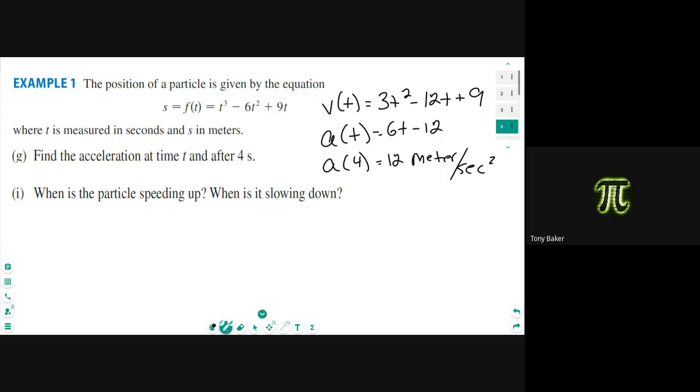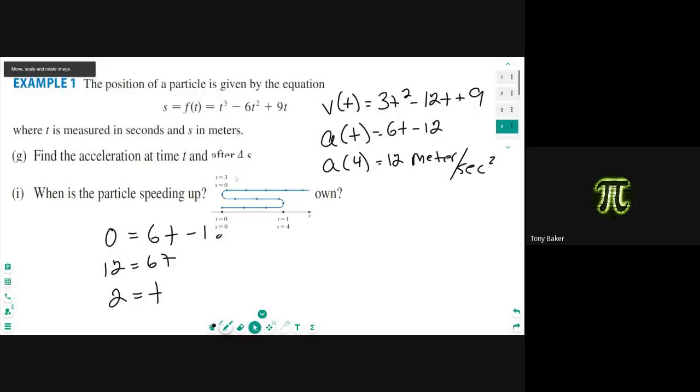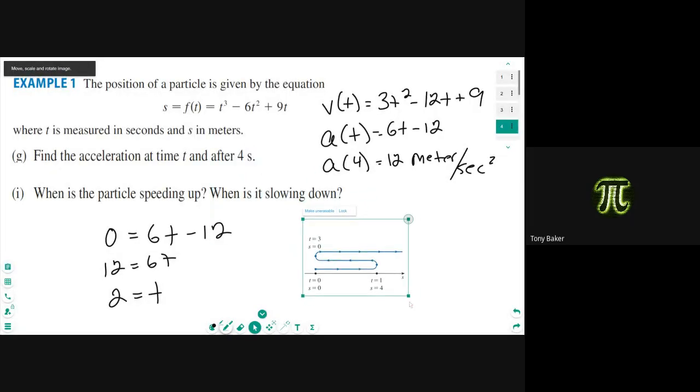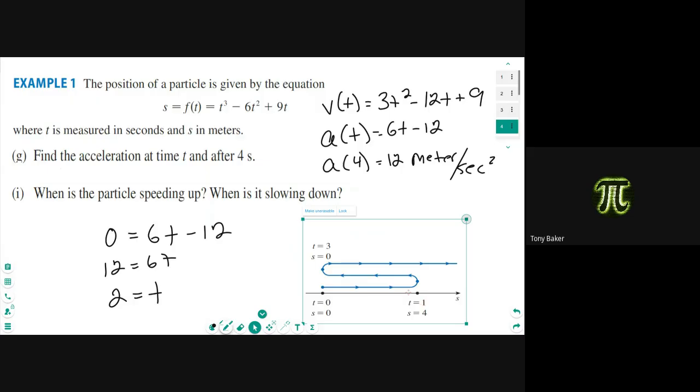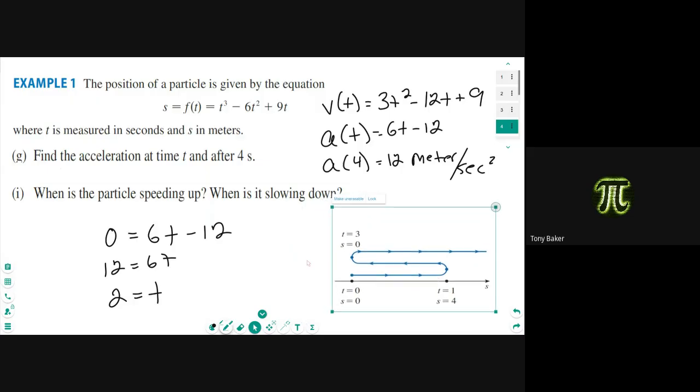So let's do 0 equals 6t minus 12. So at some point in here, that's where time equals 2.